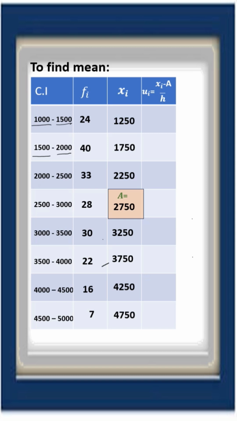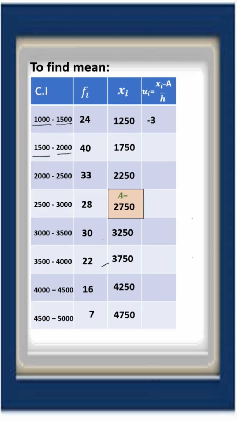Now subtract 2750 from 1250. What will you get? Negative of 1500, divided by 500, negative of 3.